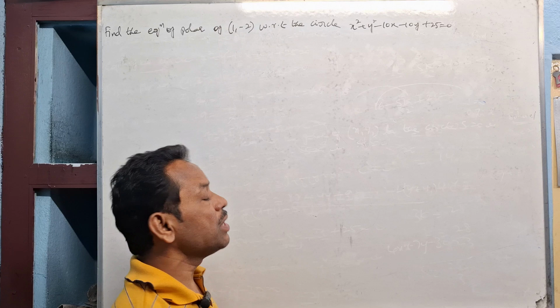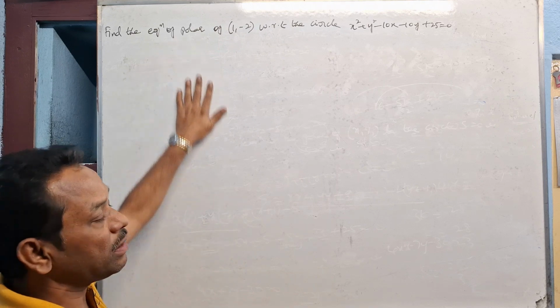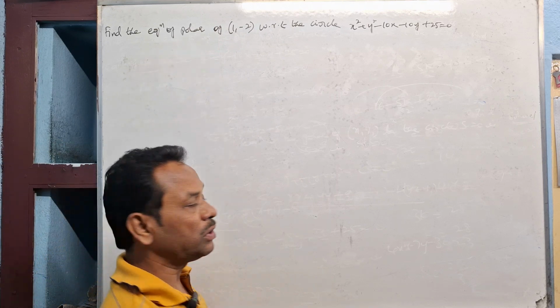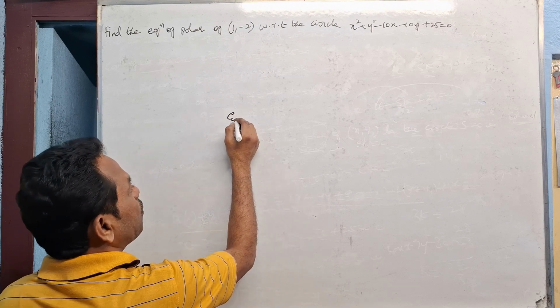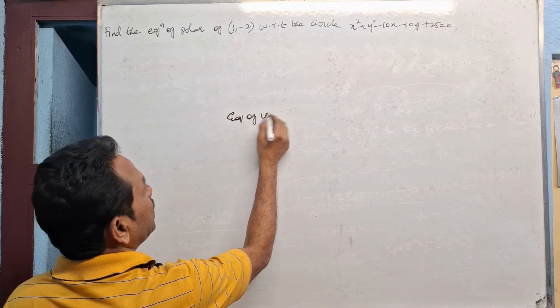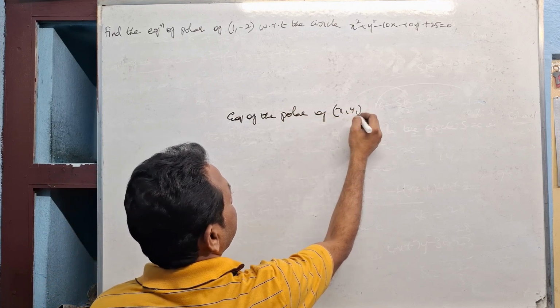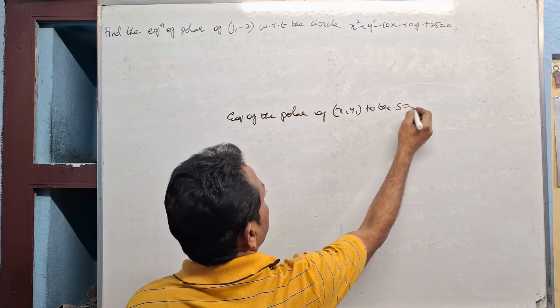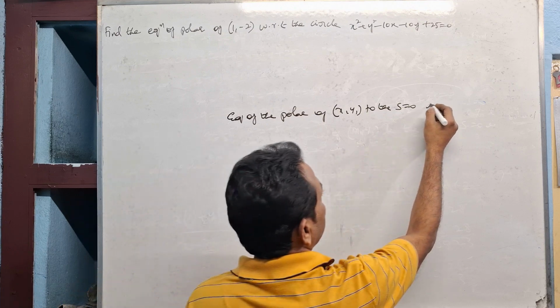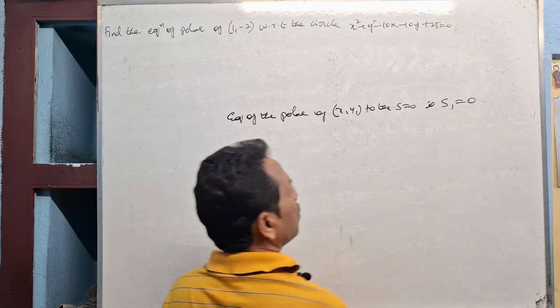Bachcho, in this question we need the equation of the polar. Bachcho, make a note. The equation of the polar of the point (x1, y1) to the circle S equals 0 can be found by using the formula S1 equal to 0.